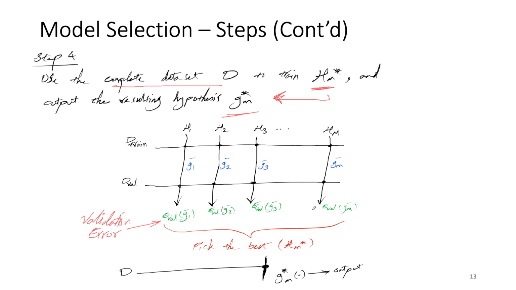And through this validation error, we pick the best one. We come back and we train it on the complete set. And this will output G star M.